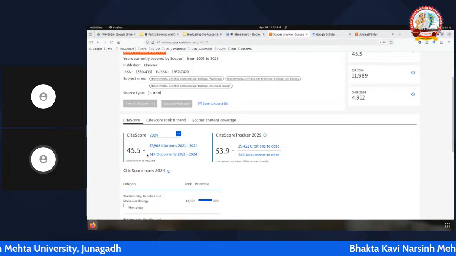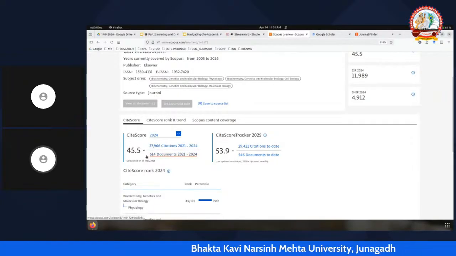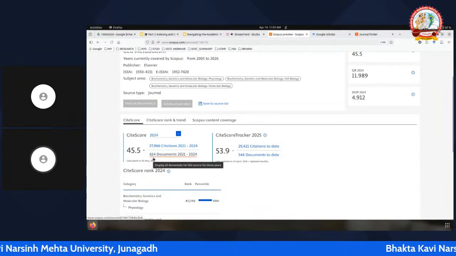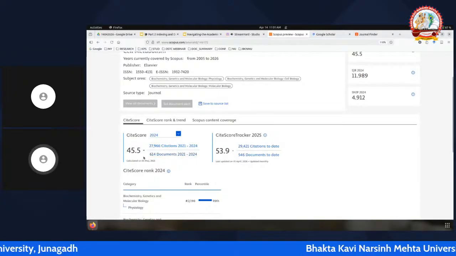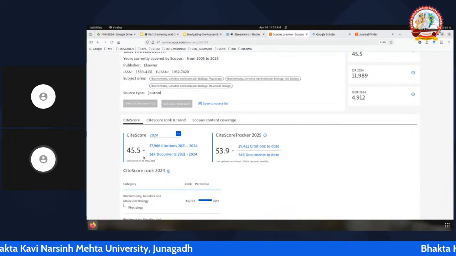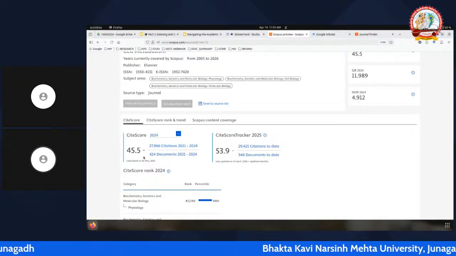In this particular span, they have received 641 documents. So on an average, whatever the documents they have received, document that means number of papers, articles that are scrutinized after the editorial board, and they have fulfilled all the requirements for this particular journal publication.